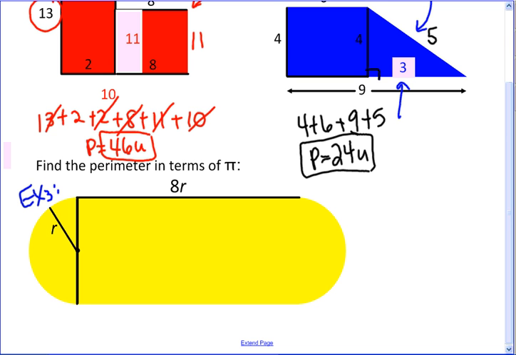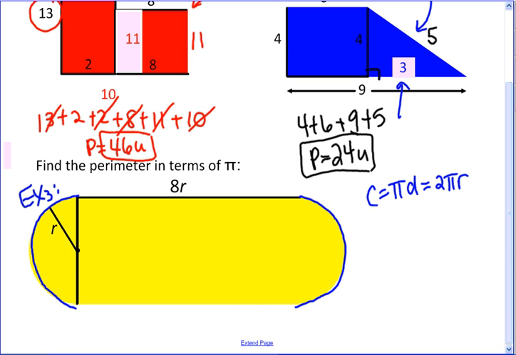So first we need to find the circumference of the circle. Since I have 2 halves of a circle, I need to find the circumference of one circle, and that's pi d, or 2 pi r.